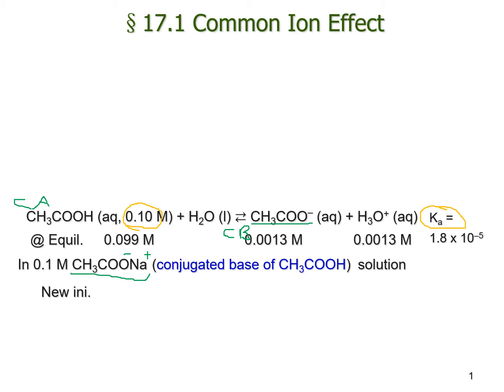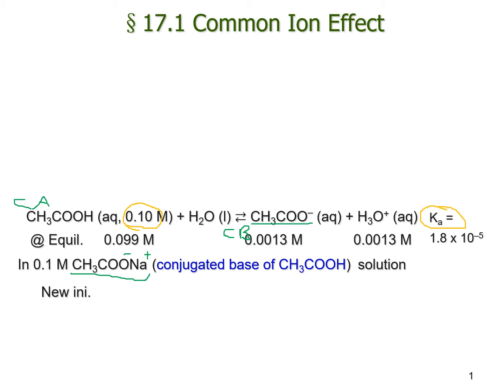Since this entire equilibrium has been put into 0.1 molar sodium acetate, and we understand sodium acetate is a soluble salt, being a soluble salt it is a strong electrolyte. When we talk about a strong electrolyte, it means 100% dissociation.